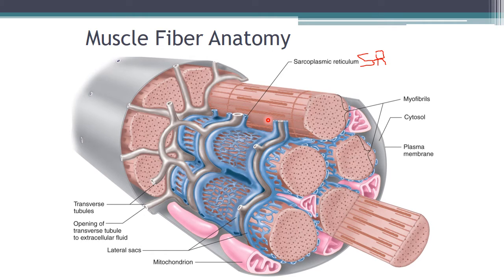Now, what we want to take a closer look at are regions that you see here, where you have a region of sarcoplasmic reticulum, then a region of T-tubule, then another region of sarcoplasmic reticulum.